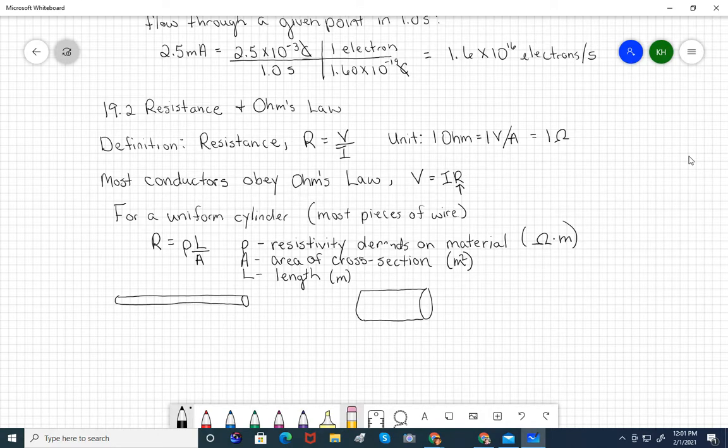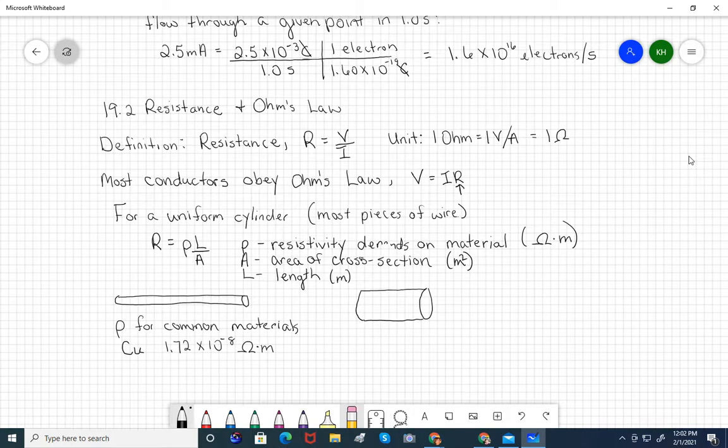If you wanted to look up resistivities for a few common materials, I think they're fairly common. If you have copper, Cu, which is our most common conductor used for wiring buildings and things, the resistivity is 1.72 times 10 to the negative 8 ohm meters.